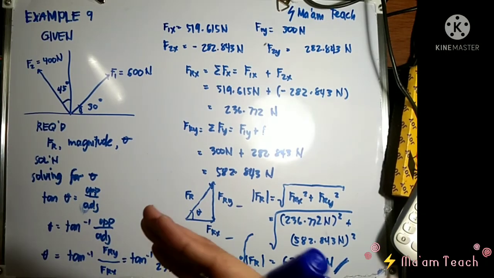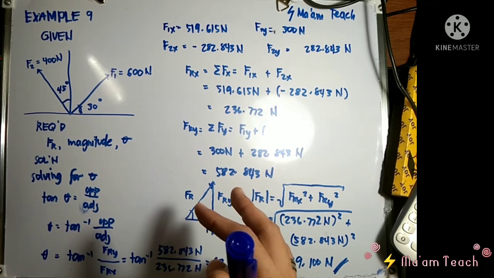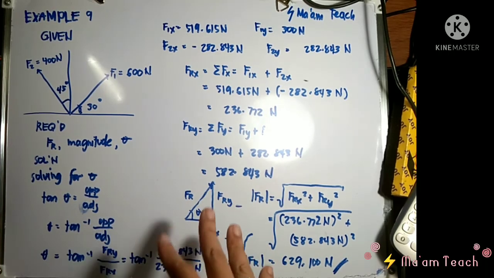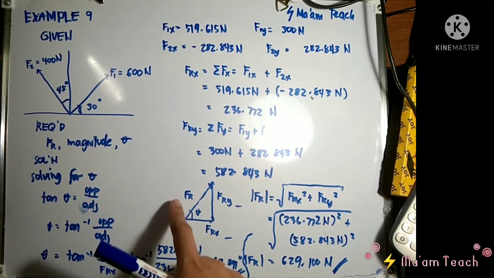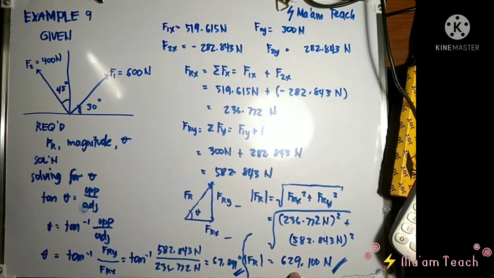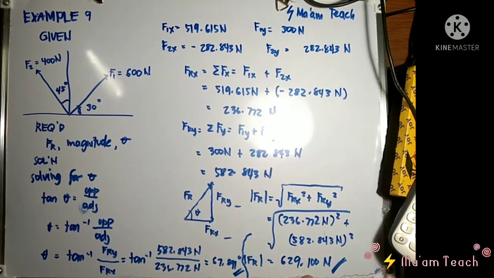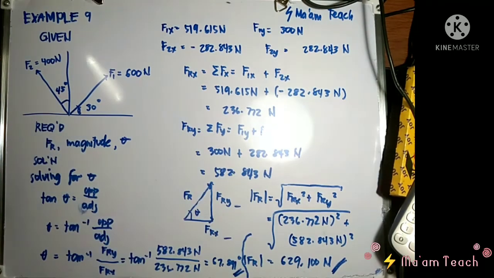But when it comes to accuracy, we don't take the risk. Why? Because, class, the F sub R here is a solved quantity. So if, for example, you make a mistake in solving this, right? Anyways, F sub RY and F sub RX are also solved quantities.